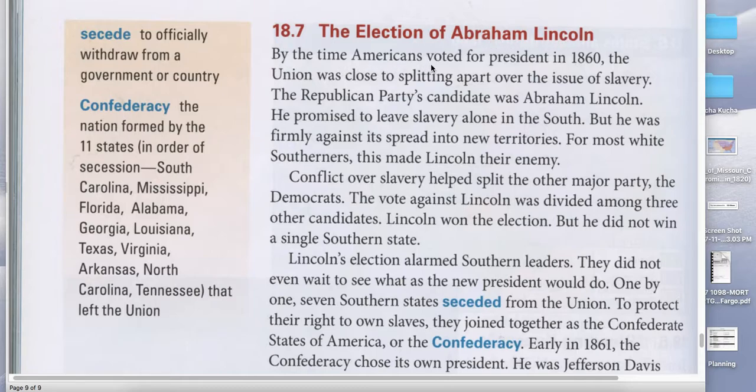By the time Americans voted for president in 1860, the Union was close to splitting apart over the issue of slavery. The Republican Party's candidate was Abraham Lincoln. He promised to leave slavery alone in the South, but he was firmly against its spread into new territories. For most white Southerners, this made Lincoln their enemy.